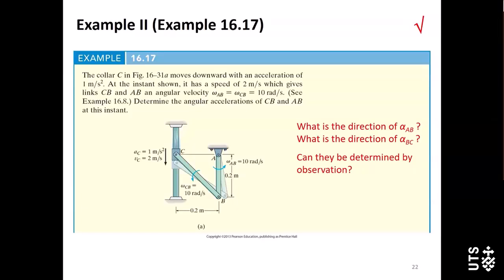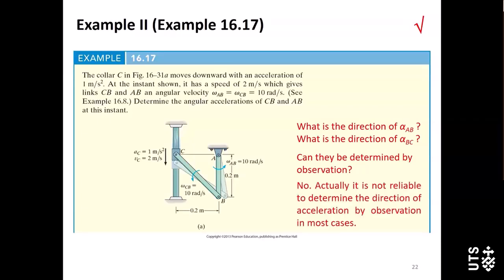It seems possible, but actually it's not reliable to determine the direction of acceleration by observation in most cases, including the directions of alpha AB and alpha BC here.